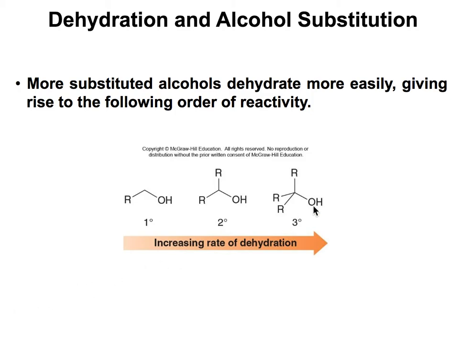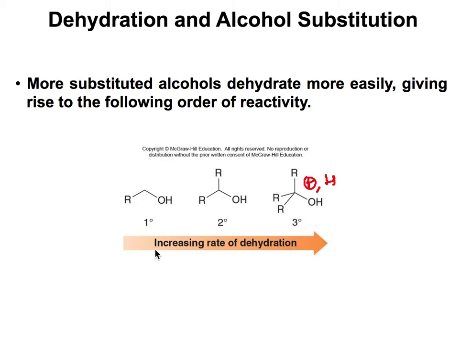So the more substituted my alcohol is, the more reactive it is, because remember that the alcohol is going to get protonated, and this is going to give rise to a more stable alkene.